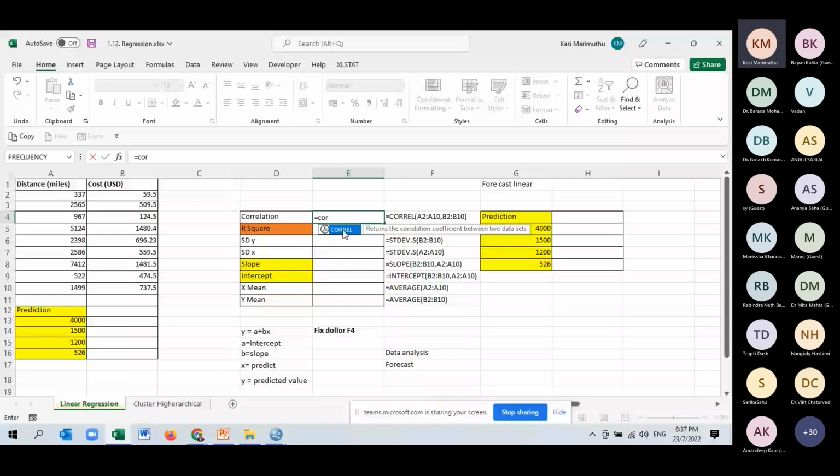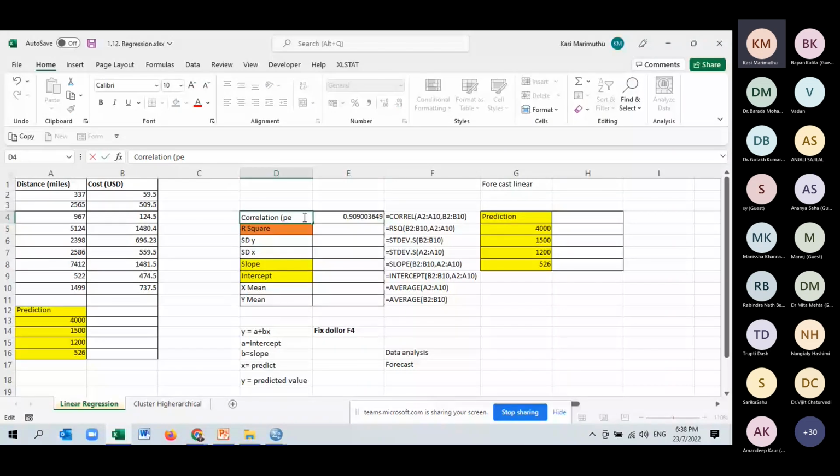Excel gives you some suggestions; you follow accordingly. It asks you to provide array 1, your X variable, the independent variable, then a comma, then provide your dependent variable. Just press enter. This is called the Pearson correlation.